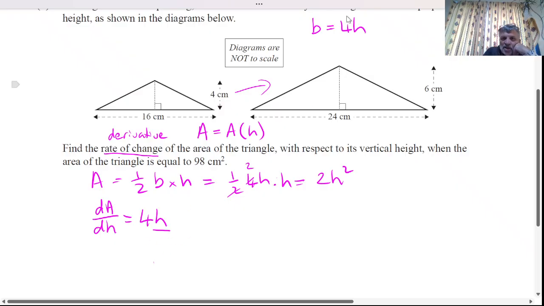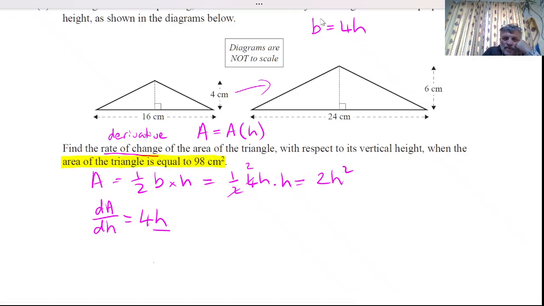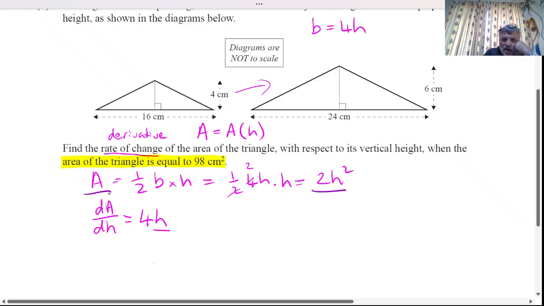We need to know what h is in order to get a value for this, and there's information in the question. Here, the area of the triangle is equal to 98 centimeters squared. So we can use this area formula. Area is 98, is 2h squared. Divide by 2, 49 is equal to h squared.